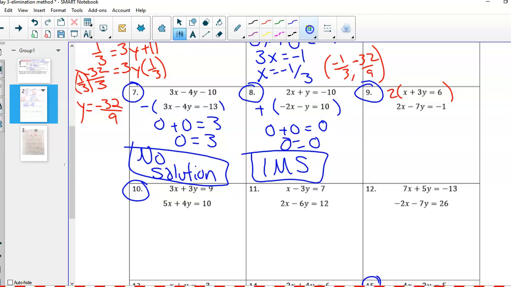So 6y. I'm going to rewrite that down here. 12. Now if we're trying to get rid of our x's, what would we do to get rid of them?